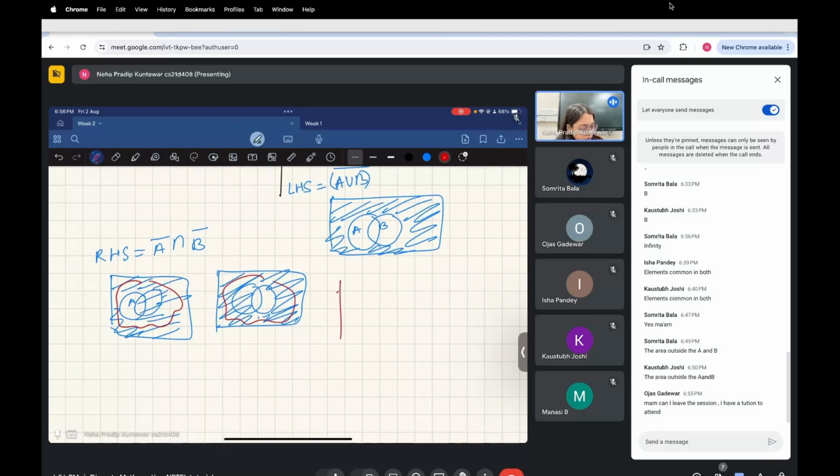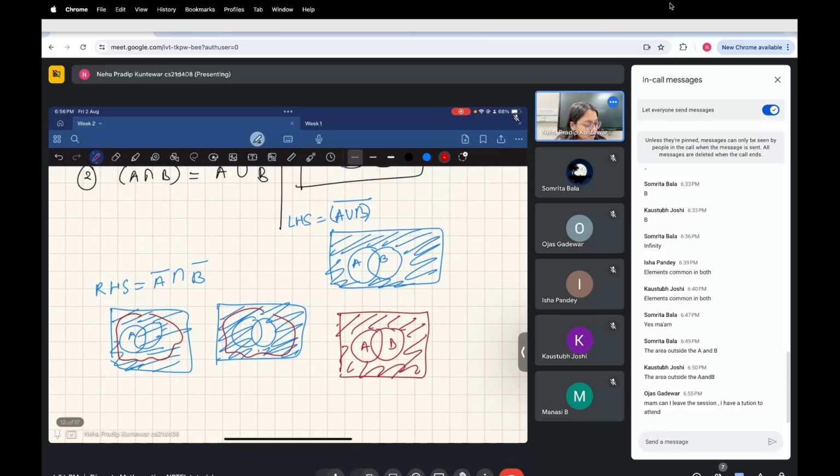So the newly shaded area in red is what A bar intersection B bar would look like, and both the diagrams match. This is a simple way of verifying that the De Morgan's law is correct.